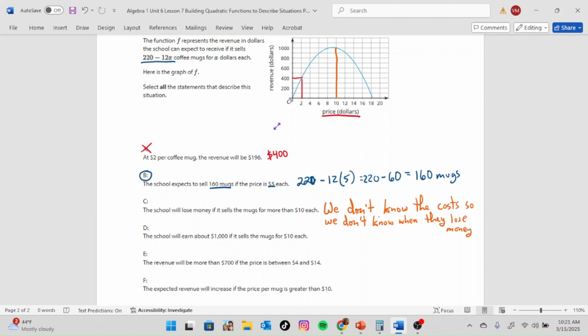The line coming down does not mean they're losing money. It just means they're making less revenue. So they could make less revenue and still make profit. We just don't know because they don't tell us the profit.